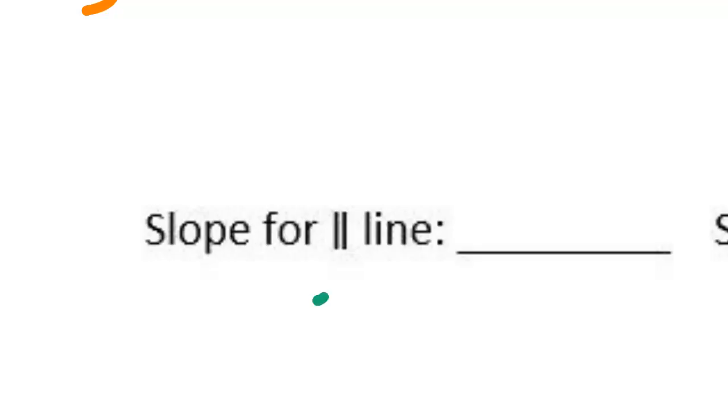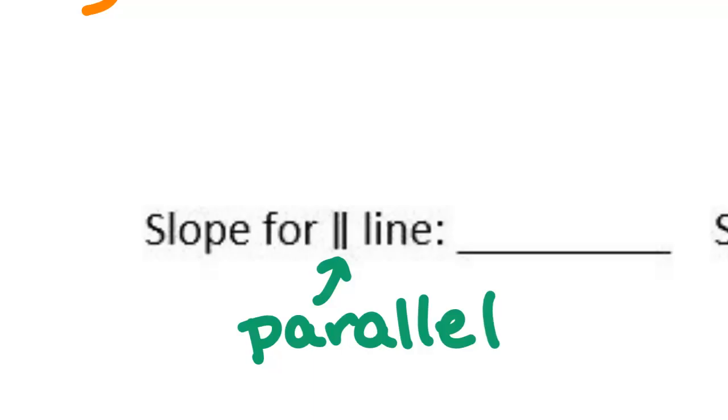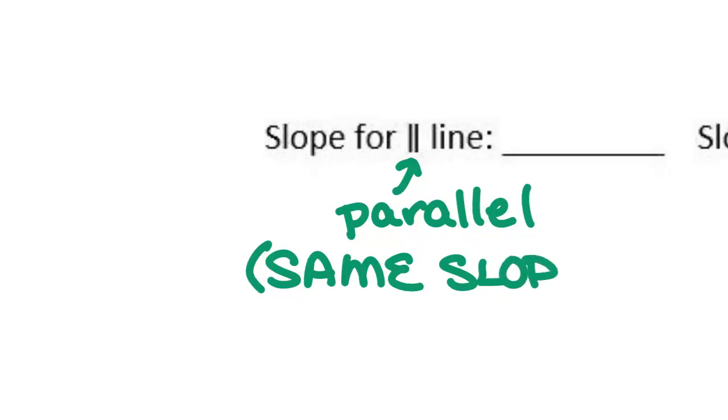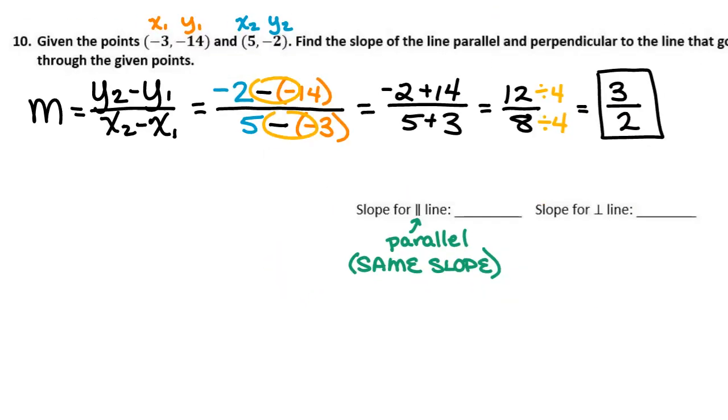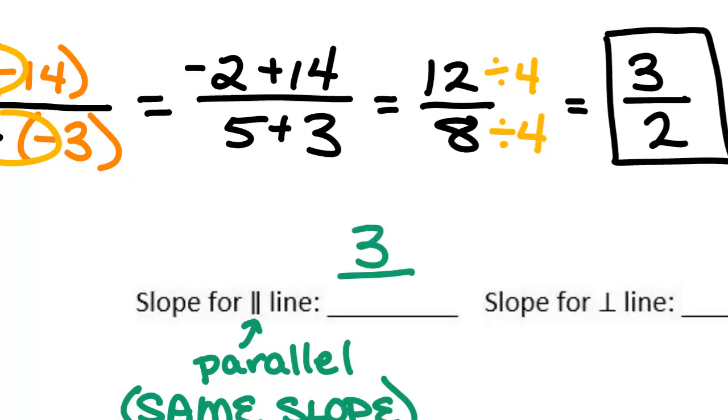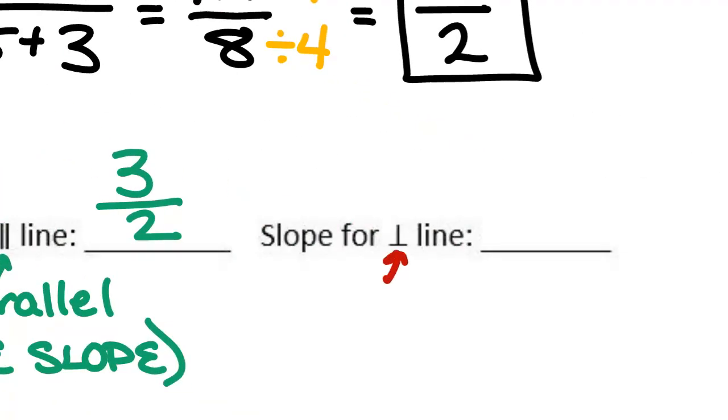What does this symbol mean, these two vertical lines? Parallel. And parallel lines have the same slope. So what is the slope for the line parallel here? 3 over 2. What does this upside down capital T mean?